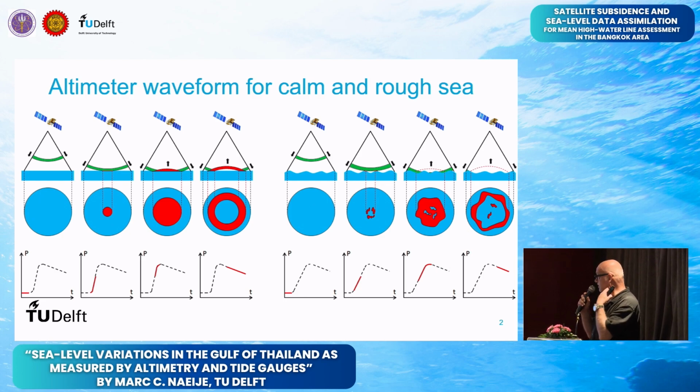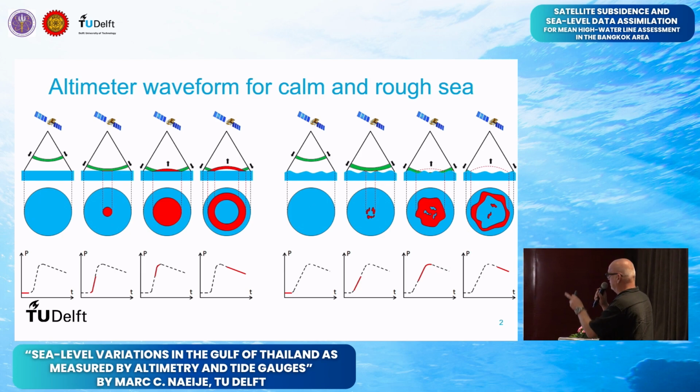Very quickly, how the altimeter works, or how the altimeter with its radar pulse sees the sea surface. Actually, it measures a few things about the sea surface. And it depends a little bit on whether you have a calm sea or a rough sea.